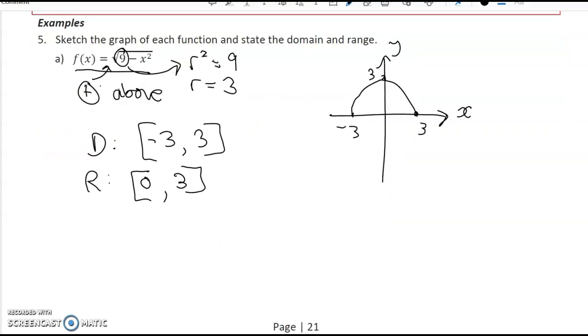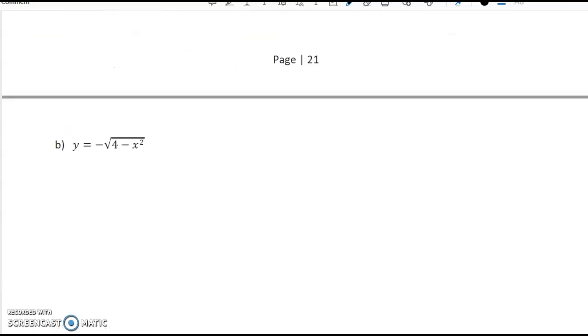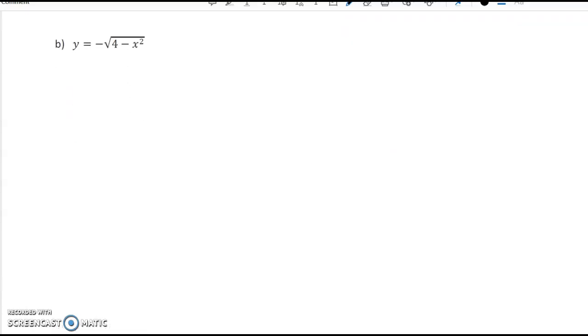One more example. y equals minus the square root of 4 minus x squared. From that minus, that tells us it's going to be below.